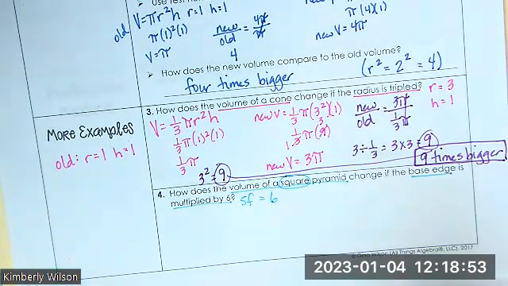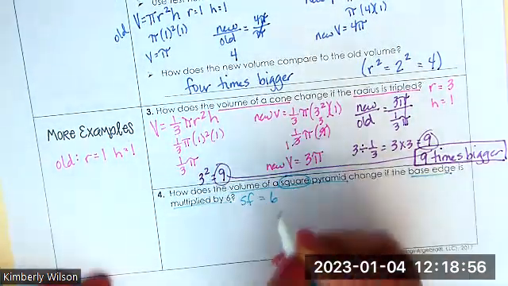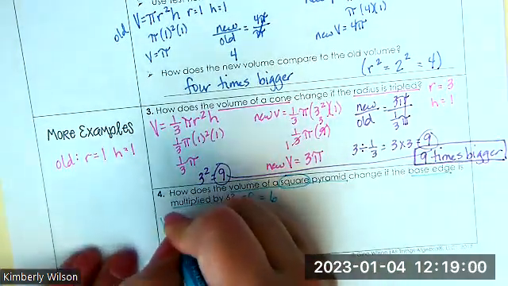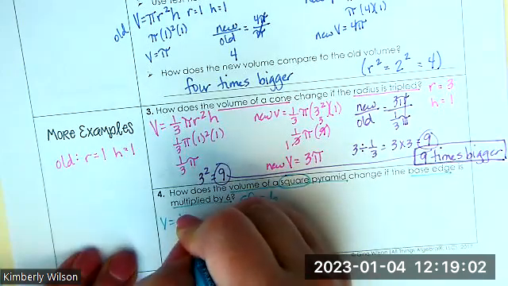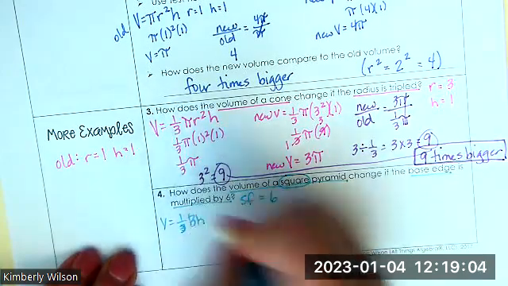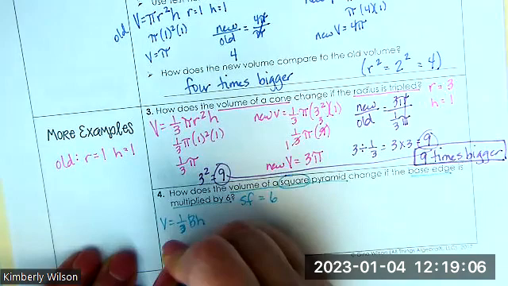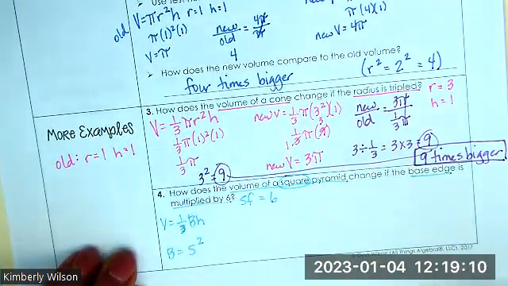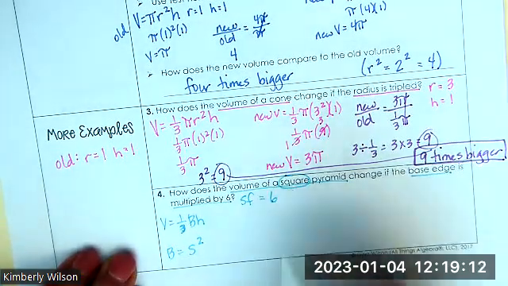But what you have to remember is a square and it's a pyramid, that means my volume is still 1/3 capital B times H. But the thing I've got to remember, that capital B is calculated as S squared because it's a square.